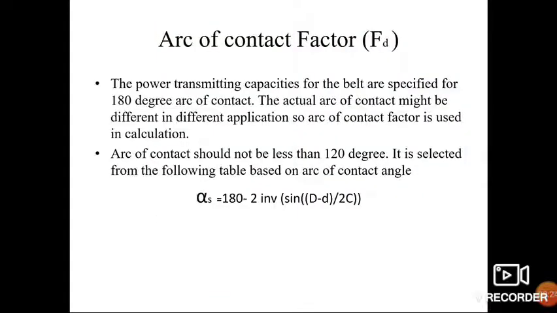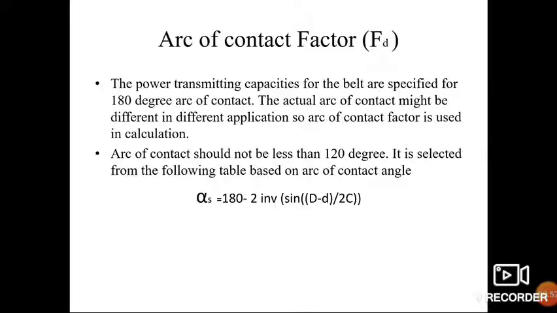Okay, then next is the arc of contact factor. As I have told you, the Fa and Fd values are the same as we have seen earlier for the flat belt section. Now what is that arc of contact factor? Basically, the power transmitting capacity of a belt is generally defined for a 180-degree arc of contact.